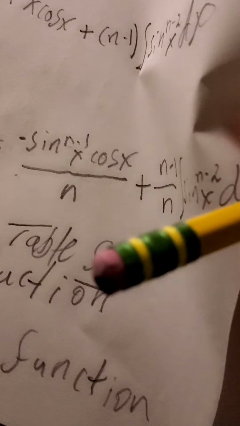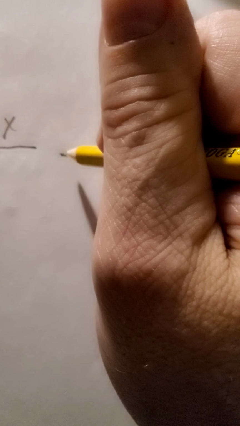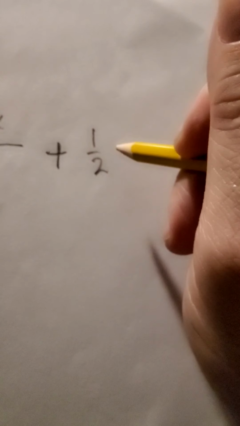And then I have n minus 1 over n, 2 minus 1 over 2, which is just a half. So I'm going to have this plus 1/2 the integral, with n equal to 2.